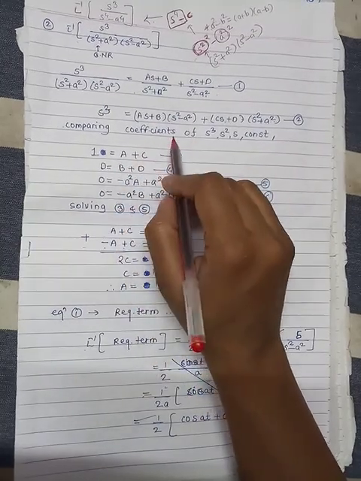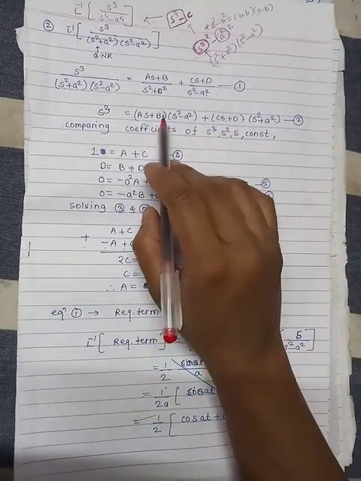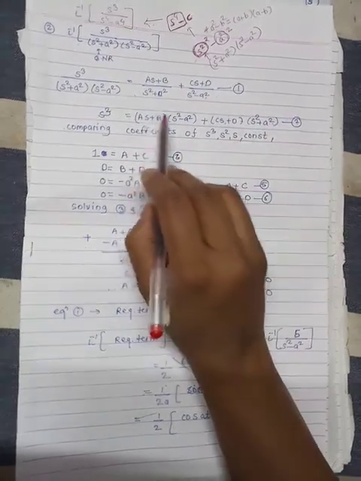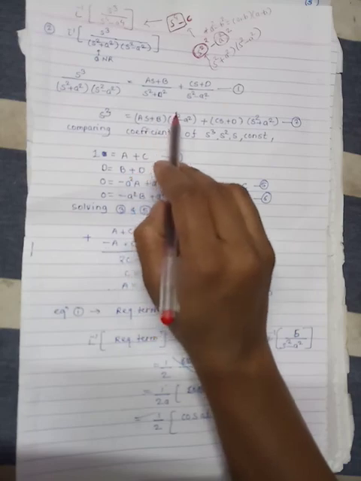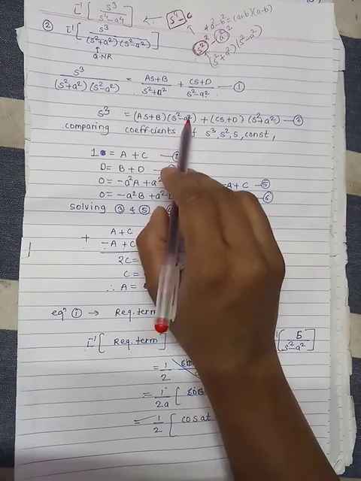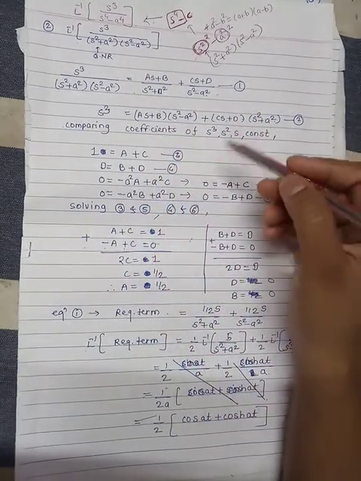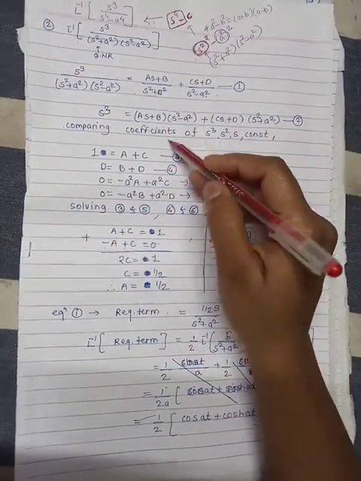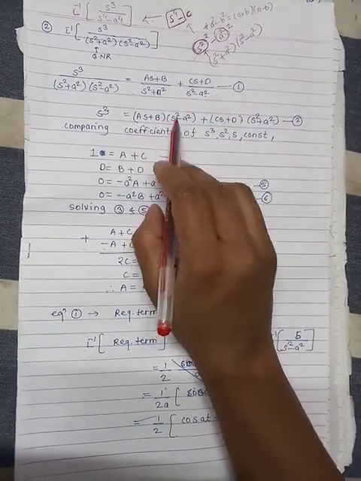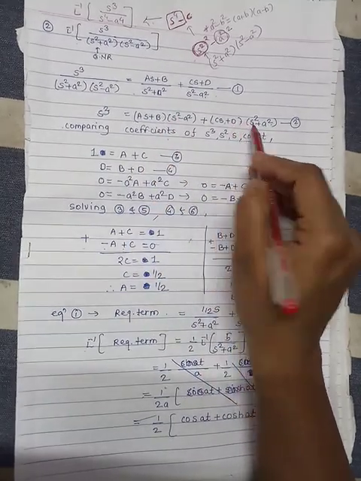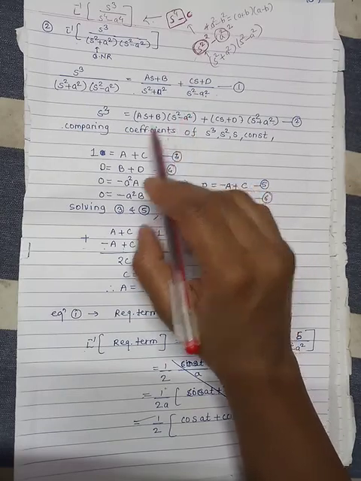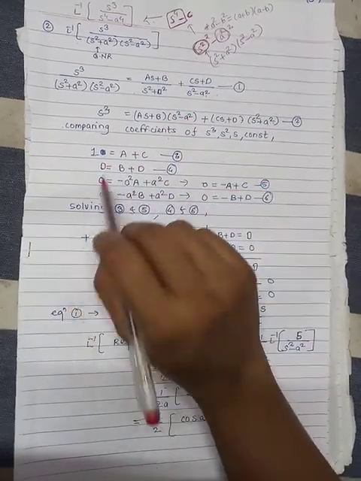So for the coefficient comparison method, what is the highest power of s on this RHS? After multiplication we get as into s², that is as³. So by multiplication of these two brackets, this is your optional step; you can write it in the exam, or you can roughly take the multiplication of these two brackets and by thinking you can write the equations.